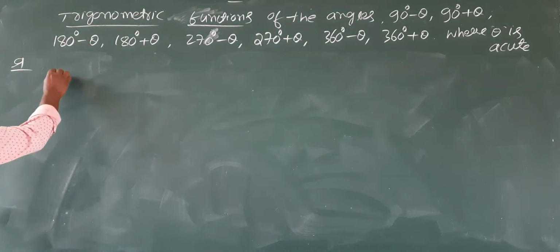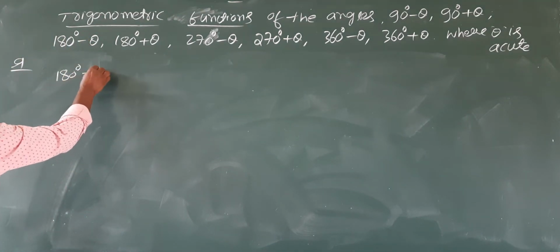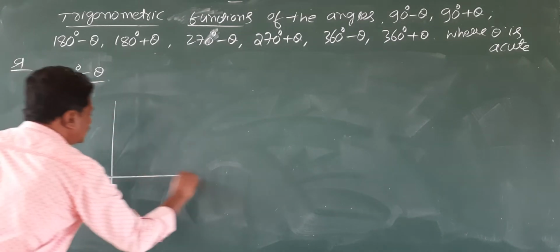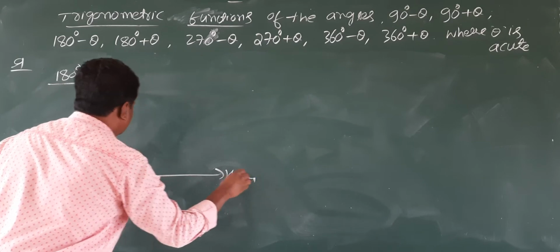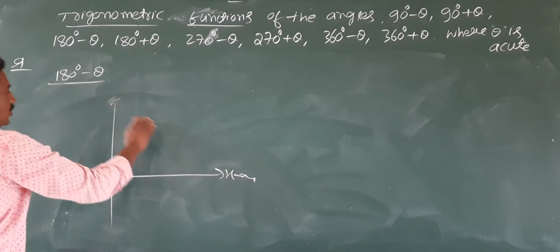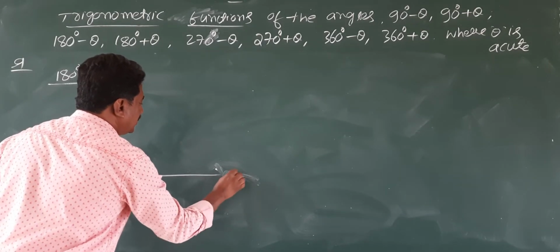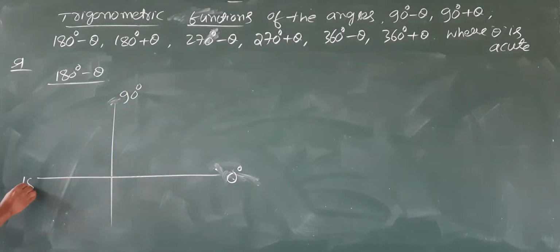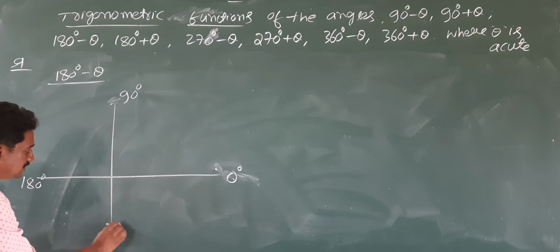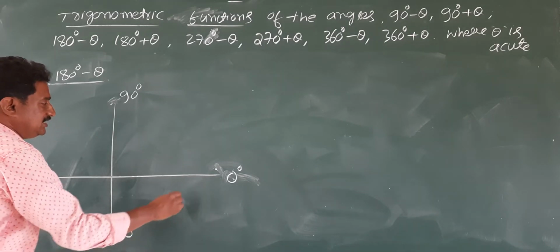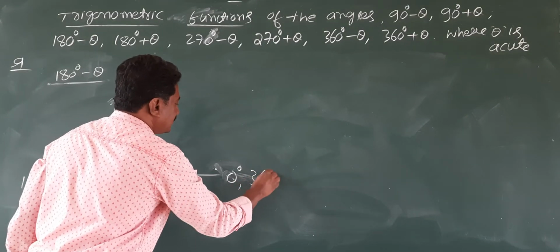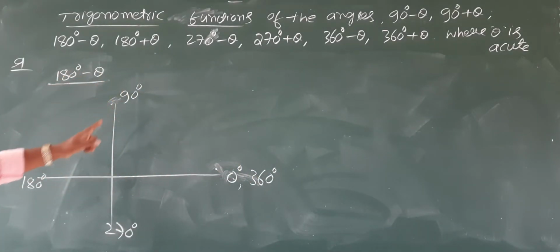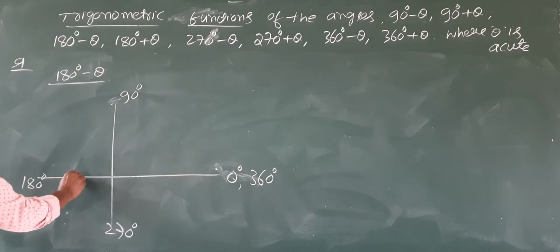So you take that 180 degree minus theta. Right, x-axis, y-axis not required. This is 0 degree, 90 degree, 180 degree, 270 degree, 360 degree. 180 minus theta: up to here it is 180.